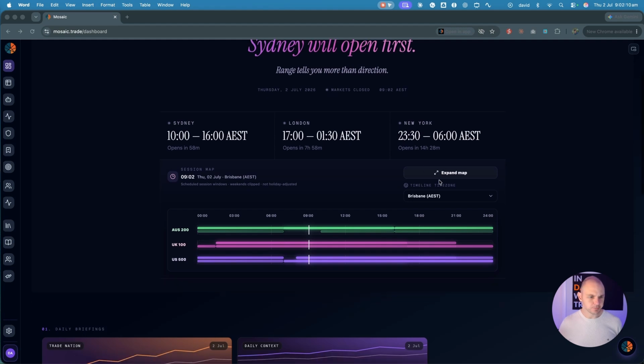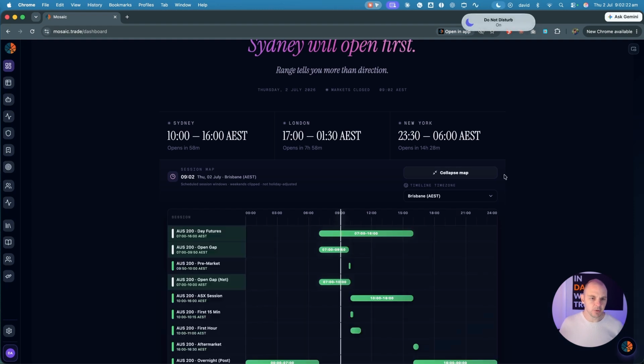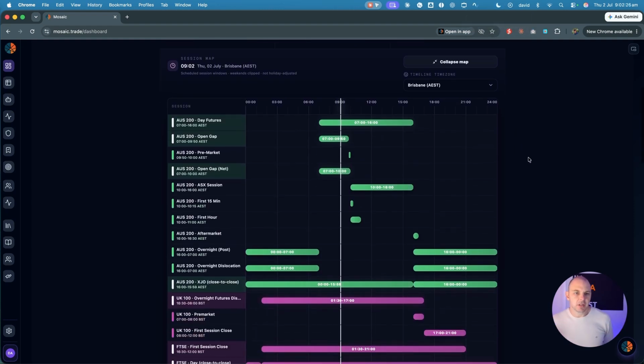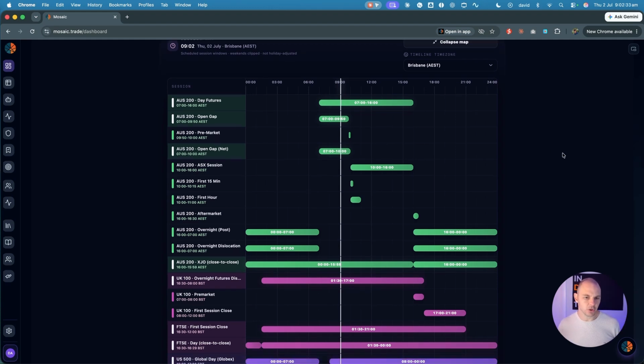Below here, we've got the session map. So this is a relatively new addition, but essentially just shows you which sessions are currently in play and open. So if we expand this out, I think this is really valuable as you get your head around what sessions are active and what you're looking for statistically.